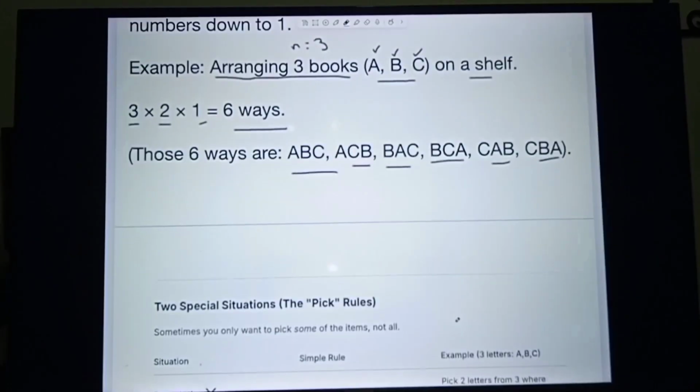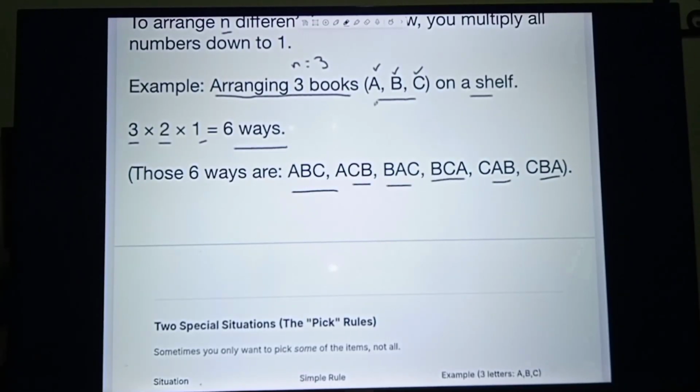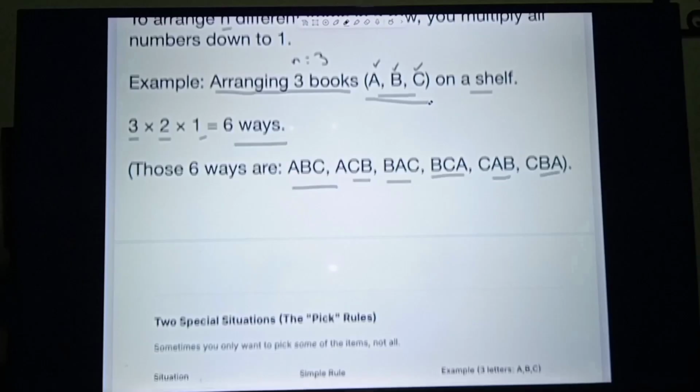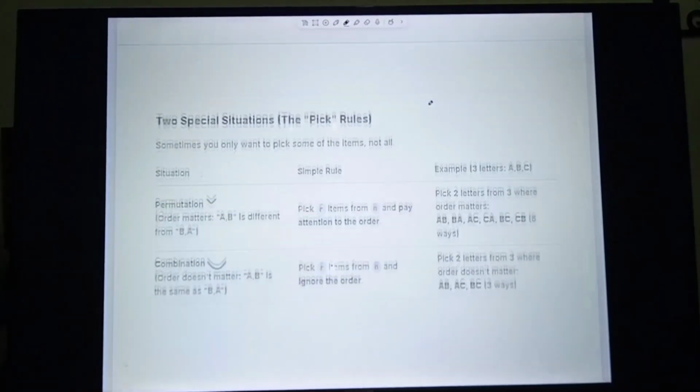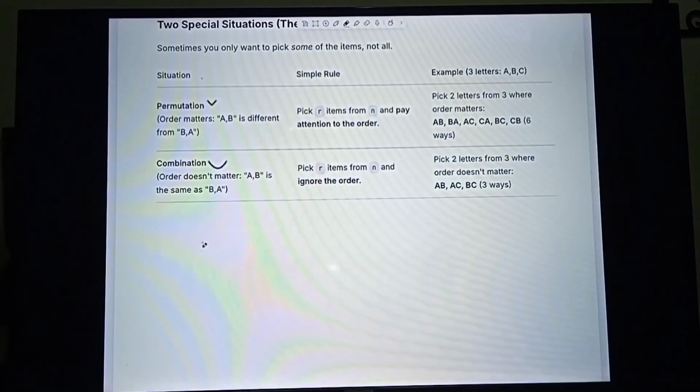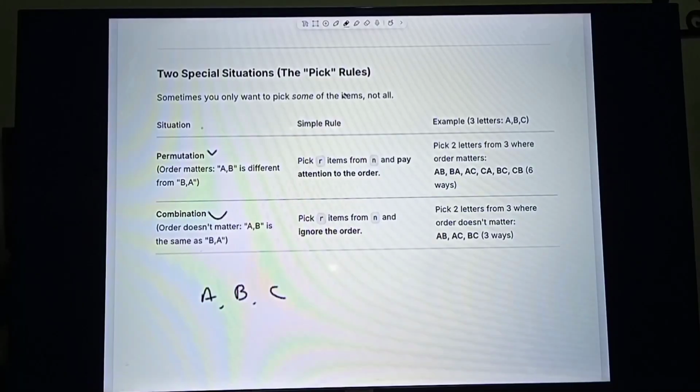Now let's take the above example. Let's consider the three books A, B and C again. Suppose we have three books A, B and C, and let's apply the pick rules.